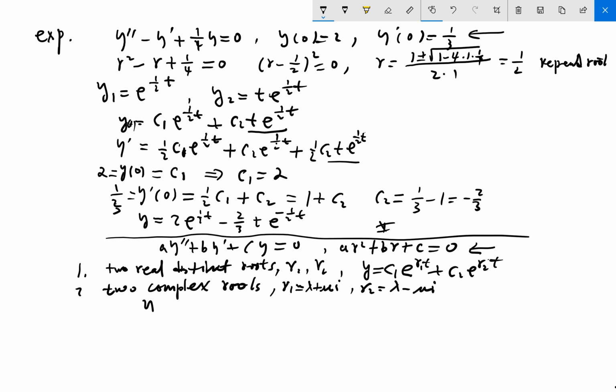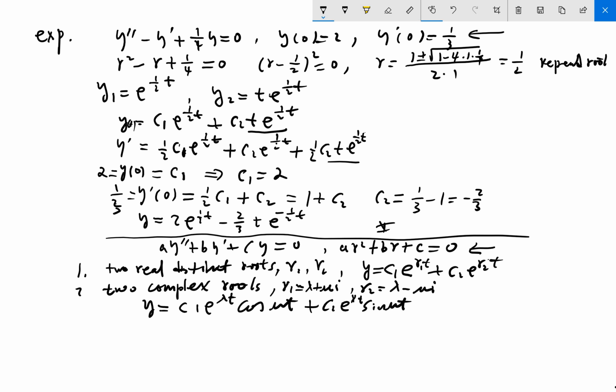Then your general solution will be C1 e to the lambda t cosine mu t plus C2 e to the lambda t sine mu t. So that's the solution when you have two complex roots.